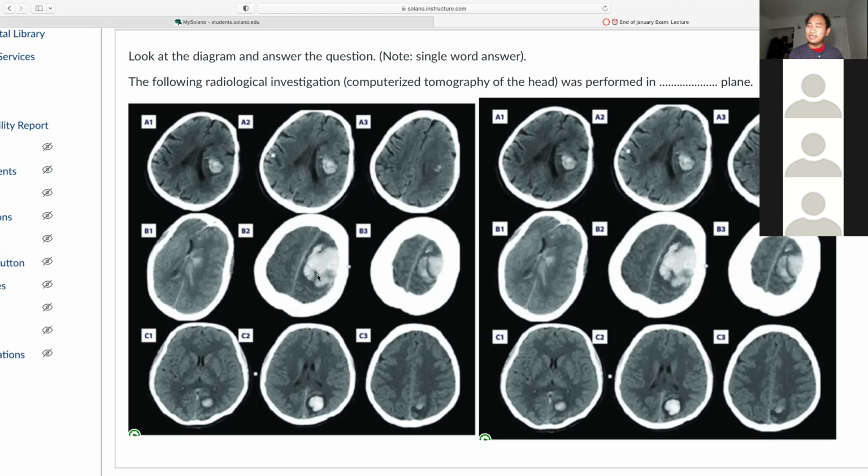So left side bleeding. If they have a bleeding inside the brain on the left side, which part of the body is going to get paralyzed? Wouldn't it be the right side? Yes, because about 85% of the nerve fibers from the left side of the brain will cross to the right side and give nerve supply to the right side.